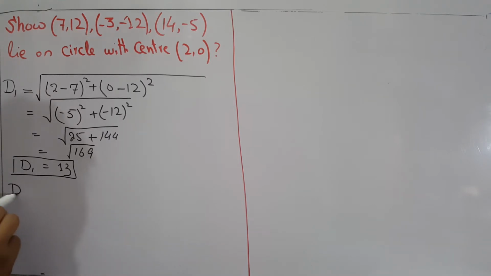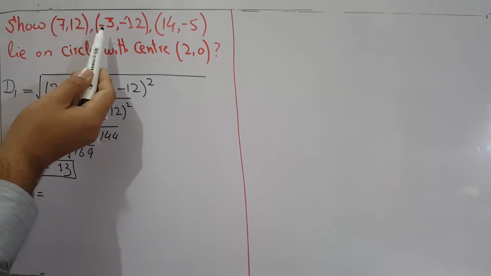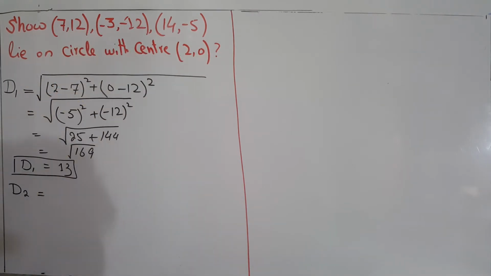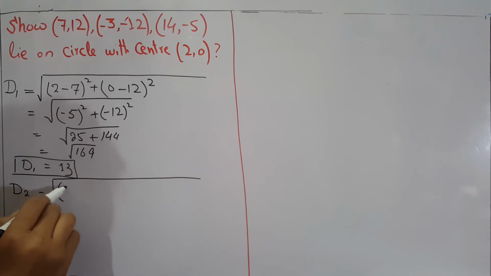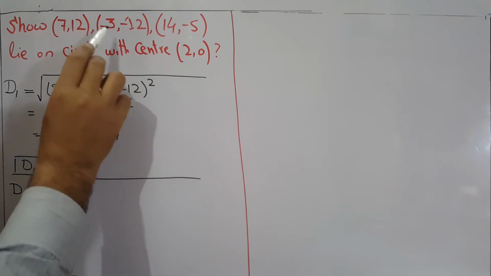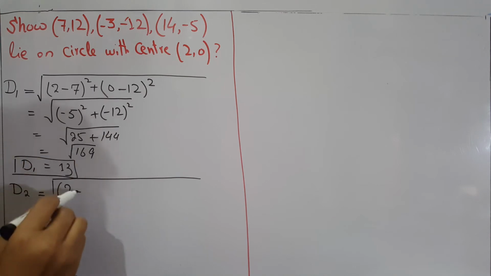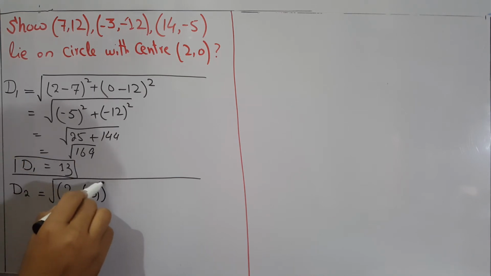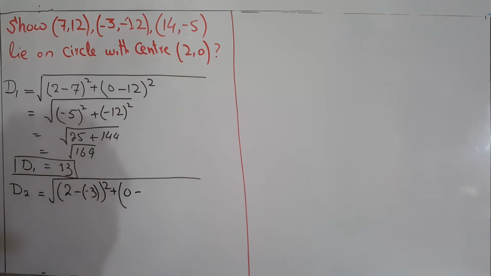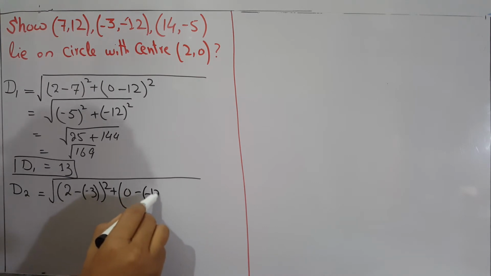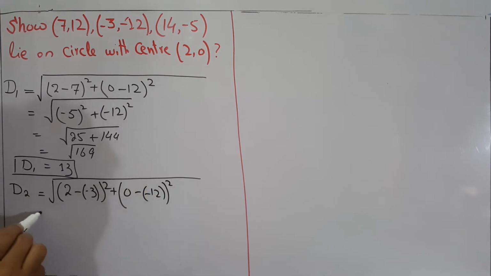Now if we find out the distance d2, which is the distance between the second point and the center of the circle, this is our second point, and x2 minus x1 here is 2 minus minus 3, whole square, and then y2 is 0 minus y1, which is minus 12, whole square. The minus minus becomes plus.